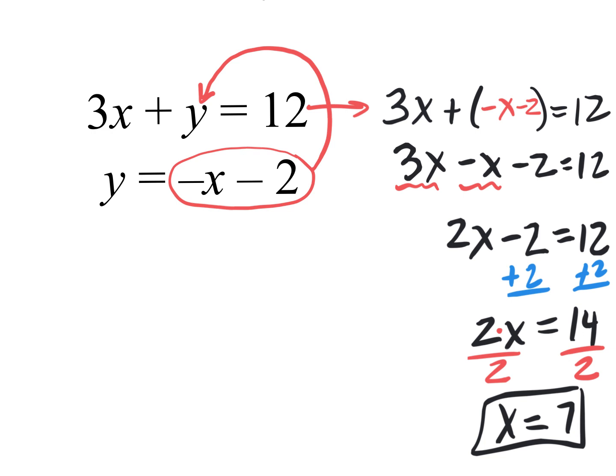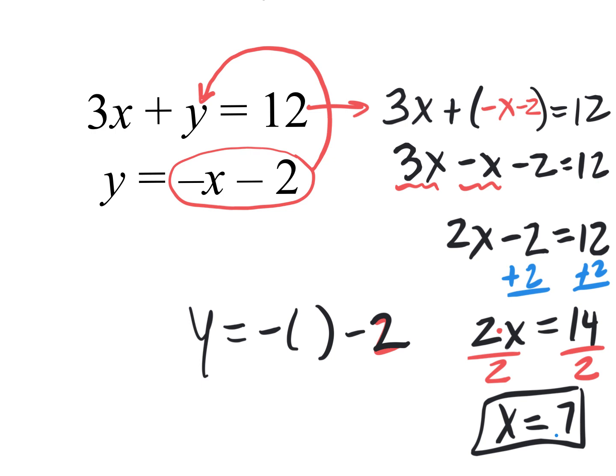I'm going to plug it into the bottom equation. It's actually easier to plug into because it says y equals negative x minus 2. Now, why did I put parentheses? Whoops, sorry about that. Minus 2. There you go. So why did I put parentheses instead of x? That's because I know what x is. x is 7.